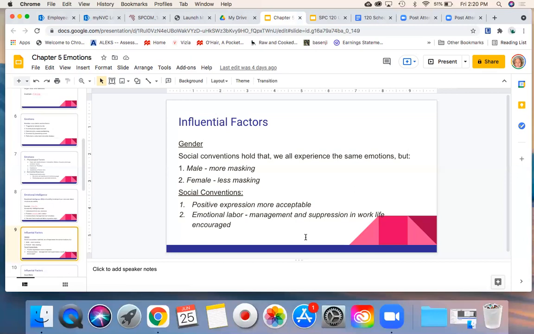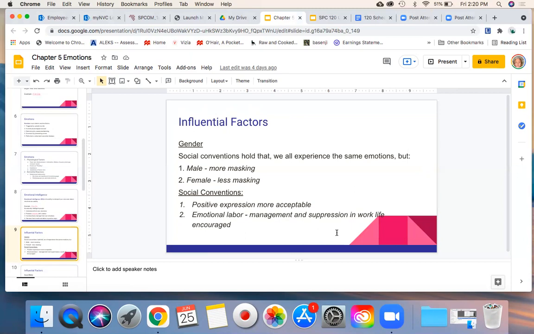But I want to expand this concept of emotional labor, because it goes beyond that, and I think it's helpful to apply your understanding of it outside of work as well. The idea of emotional labor is that you have to manage your emotions because of something else or somebody else.